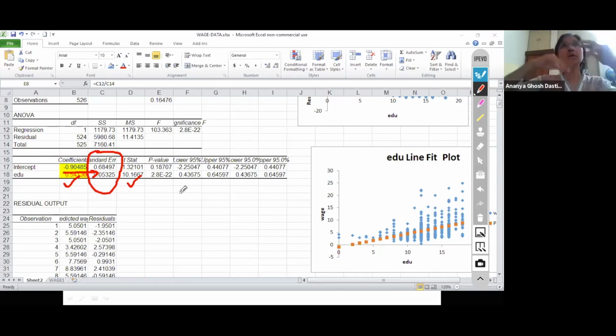That means two things. Whether you take error number 1, error number 2, error number 3, they all have the same variances. The second thing is that as I keep changing x, the error variance does not vary. Whether you are looking at people with 5 years of education, 10 years, or 20 years, no matter what x value you take, the distribution of errors has the same variance.